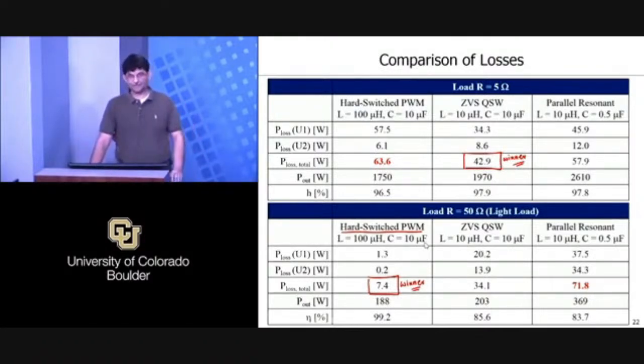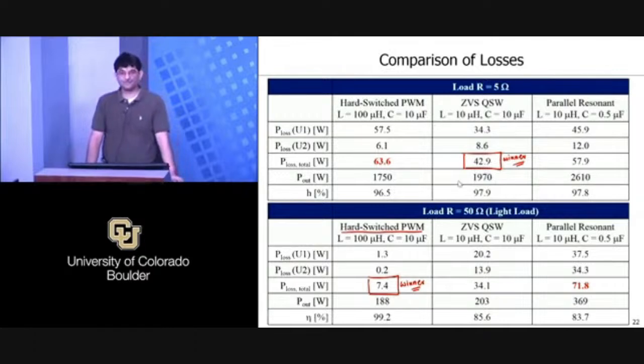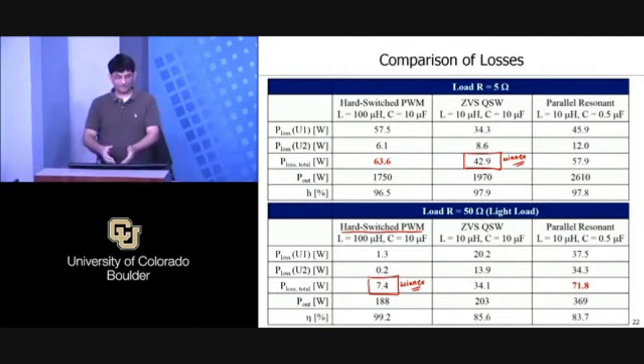We'll have lots of different topologies, but we have to start by going back, looking at fundamental principles, learning how to analyze these converters, and figuring out what's the best choice and how to do that. All right? So hopefully this gives you some motivation. That's why not too many people know how to do it, because if you do it the simplest way, it's not always going to work out the way you expect.